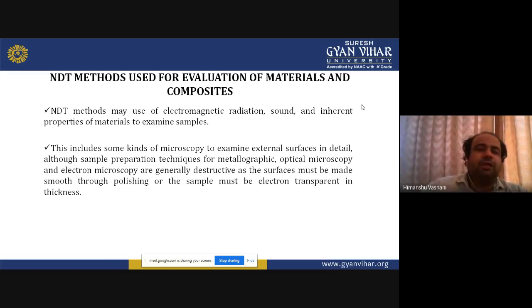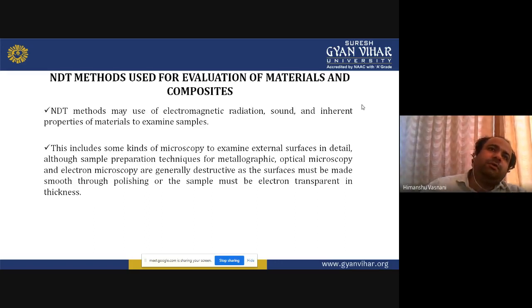For example, if you are preparing around 10,000 parts and testing only around 10 samples, that is acceptable because 10 samples in front of 10,000 parts is negligible. So in that case, you can go for destructive testing.